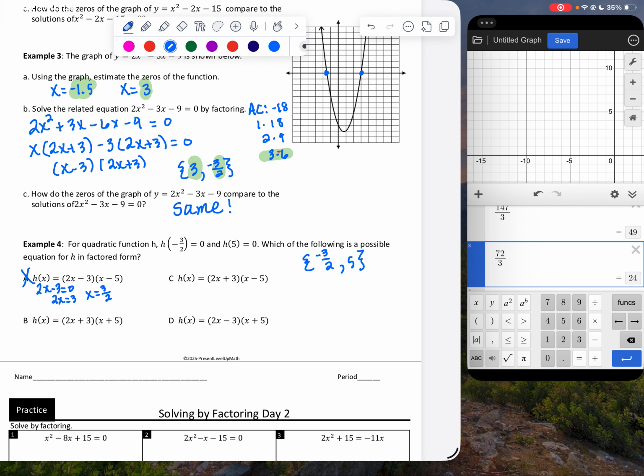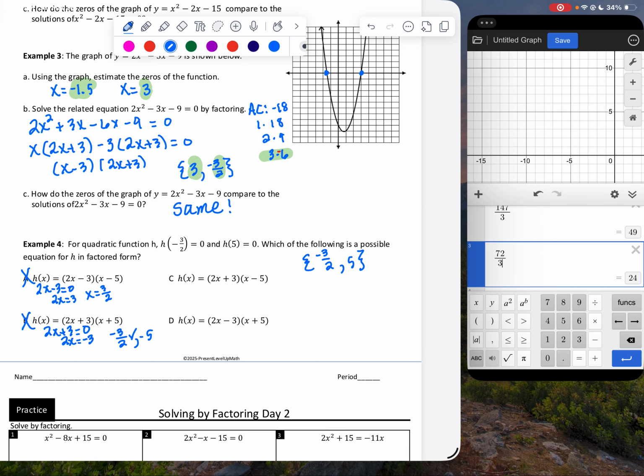All right, let's go to B. 2x plus 3 equals 0. Subtract 3. 2x equals negative 3. And divide by 2. So negative 3 divided by 2. Ooh, that's promising. That checks out. But what's the opposite of positive 5? It is negative 5. And we wanted positive 5. So B, not the answer.